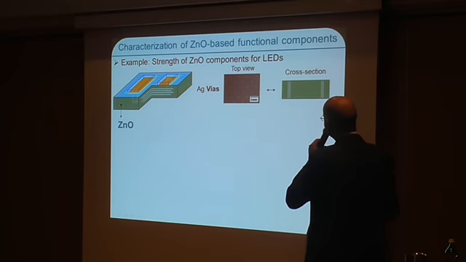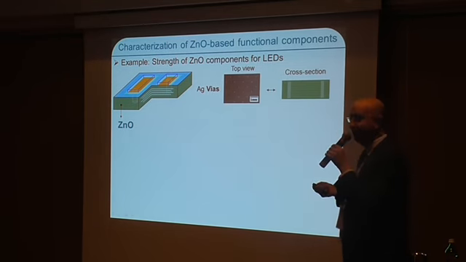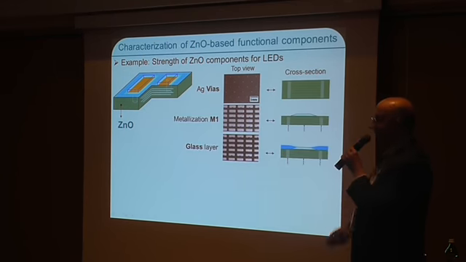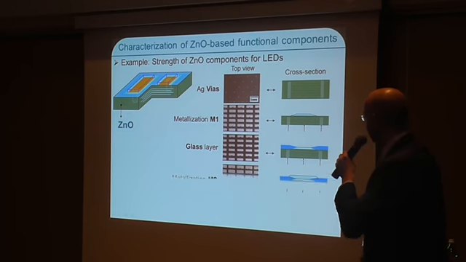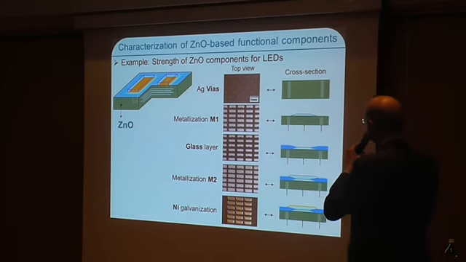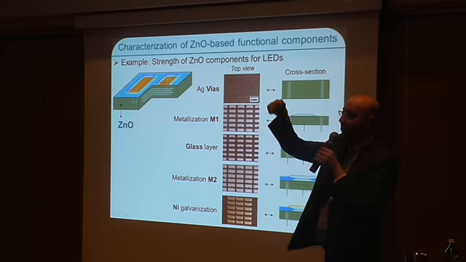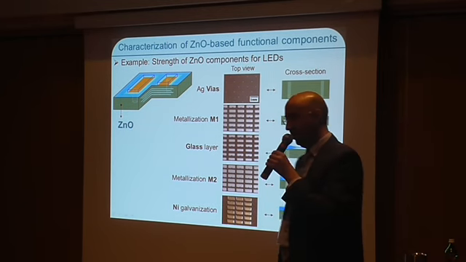The fabrication process is really complex. You can have a substrate with the vias, then some metallization, a glass layer, another metallization, some galvanization, which allows other components to be placed on top and soldered.